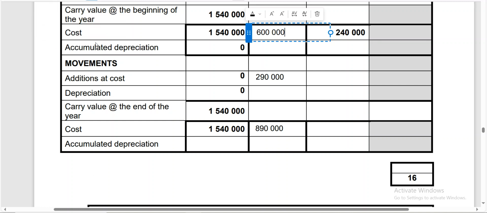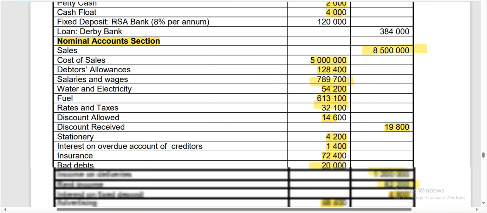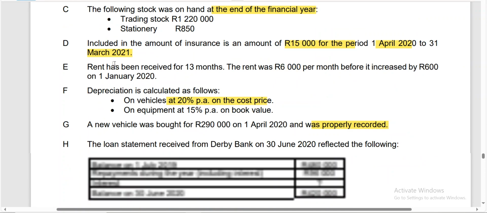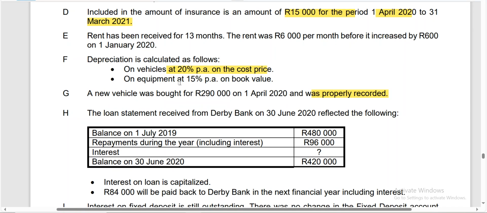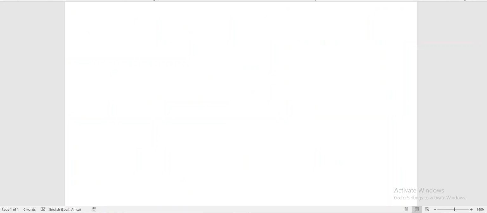So maybe what we can do, I'm going to check the information about the percentage here. So remember, the cost price at the beginning for vehicles is around 20%. So we know that at the beginning we had a 600,000 value of assets. So I'm going to just do the calculation here. Okay, I'll just write the answers here.